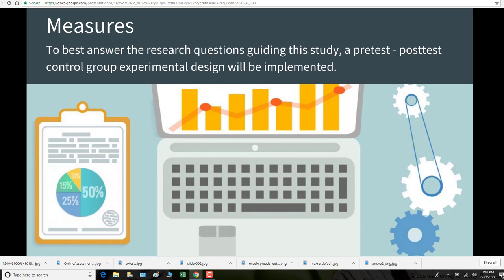To do this, a pre-test, post-test control group design will be implemented to determine differences among the 3 conditions or groups. This design will help us examine the differences between the groups before and after viewing the microlearning videos. This will help to account for participant-related variables of prior knowledge and experience level, as well as showing changes in knowledge.